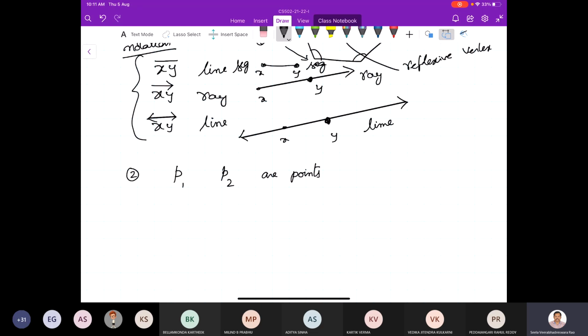You take some constant alpha times P1 plus some beta times P2, with the condition that alpha plus beta equal to 1 and alpha and beta both are greater than or equal to 0. This is what is called a convex combination. We will come to that. If alpha equals beta equals half, then you will get the midpoint of these 2 points.